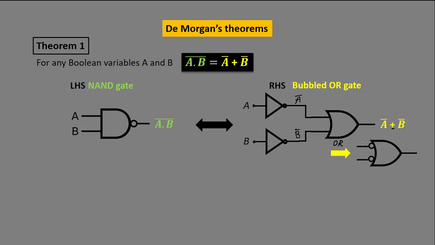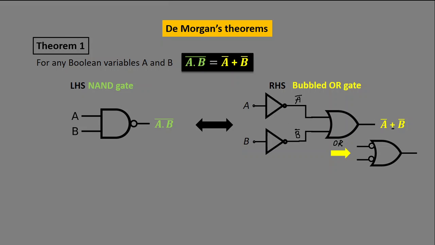Here you will realize that these two bubbles, or small circles, present at the input side of the OR gate are why it is called a bubbled OR gate. This bubble actually represents these two NOT gates. So one bubble at the input is nothing but the NOT gate present at the input.